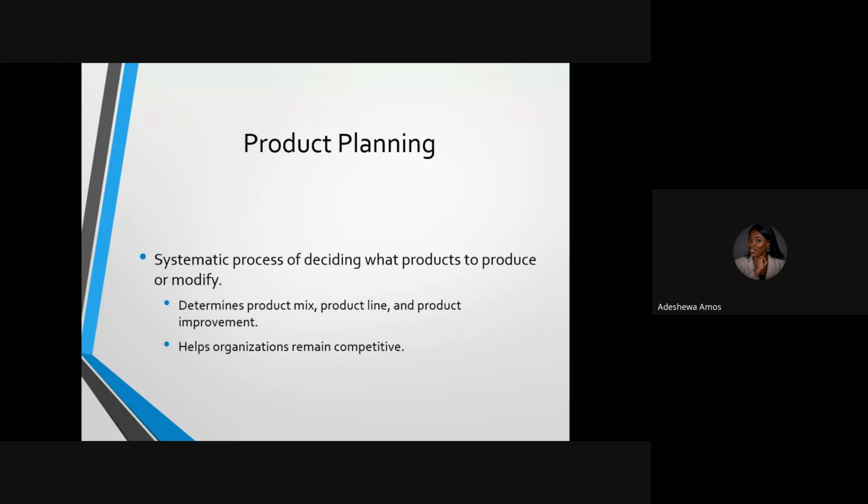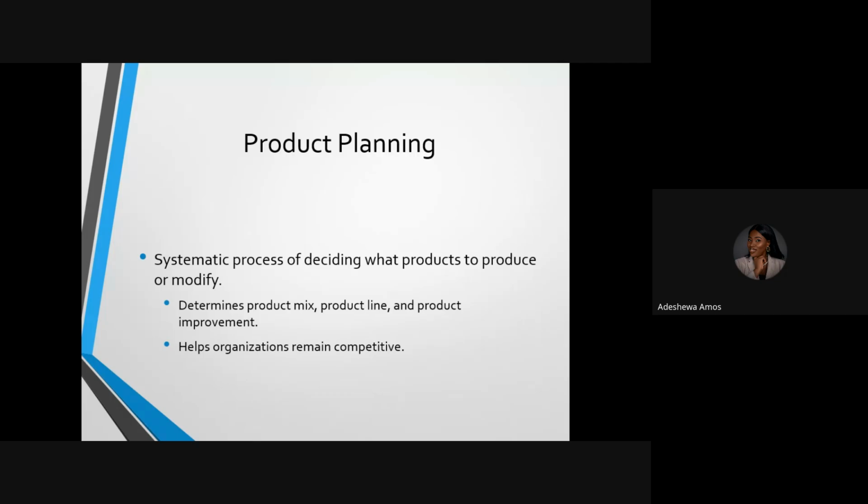So it determines product mix, product line, and product improvement. It helps the organization remain competitive. So when we talk about product planning, it is about how you as an operations manager are able to decide on what product you want to produce.